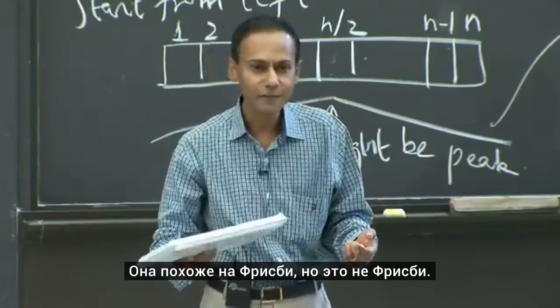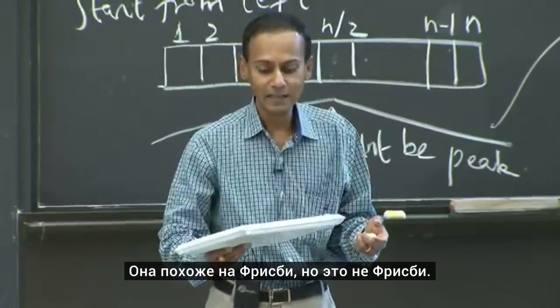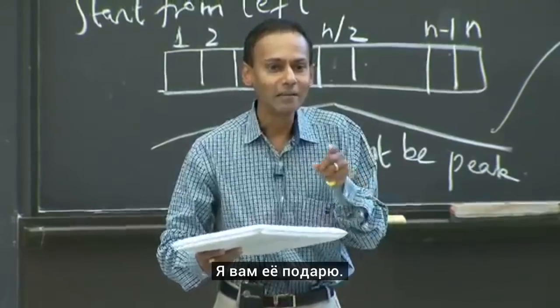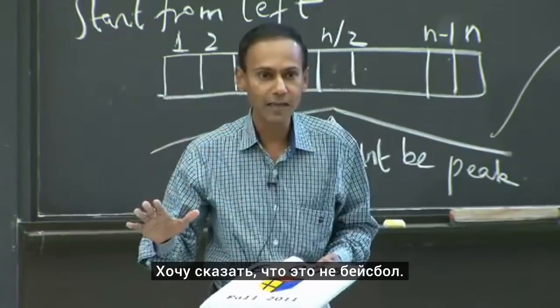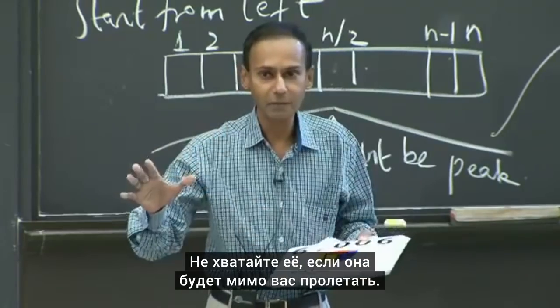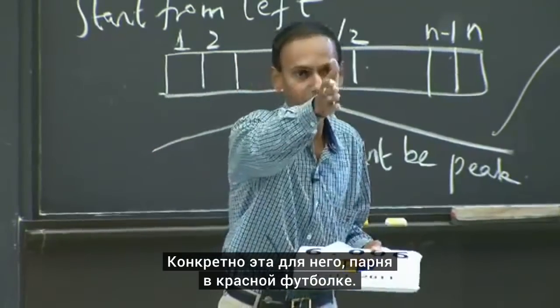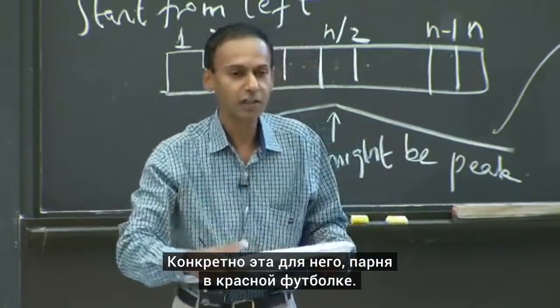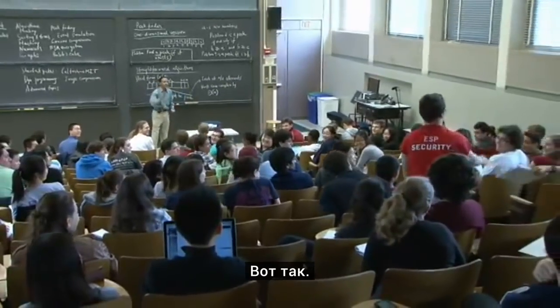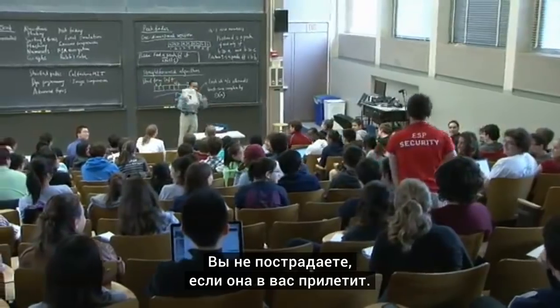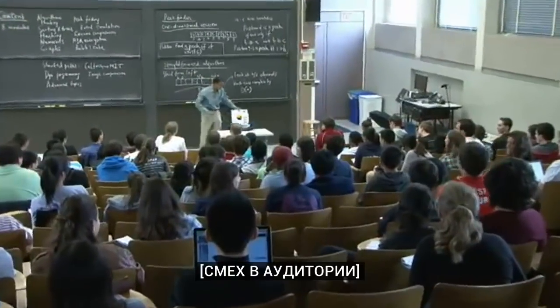This is kind of like a Frisbee, but not really. So I'm not sure I'm going to get it to you. But the other thing I want to say is this is not a baseball game, right, where you just grab the balls that come by. This is meant for him, my friend in the red shirt. So here you go. Too bad. All right. It is soft, so it won't hurt you if it hits you. All right.